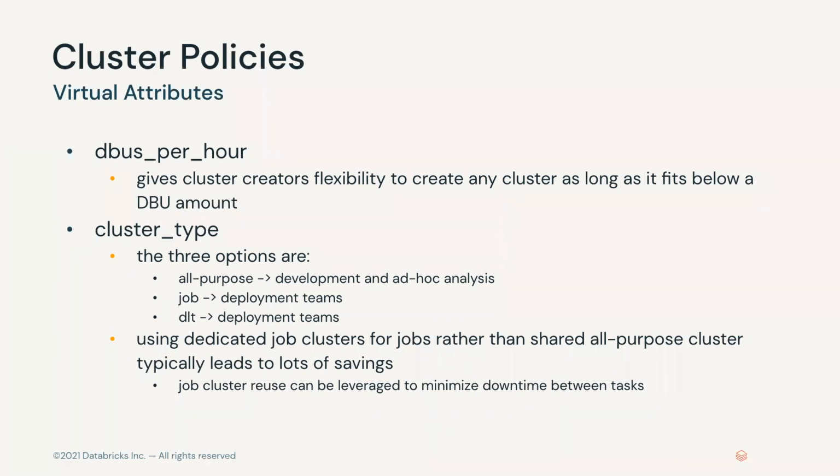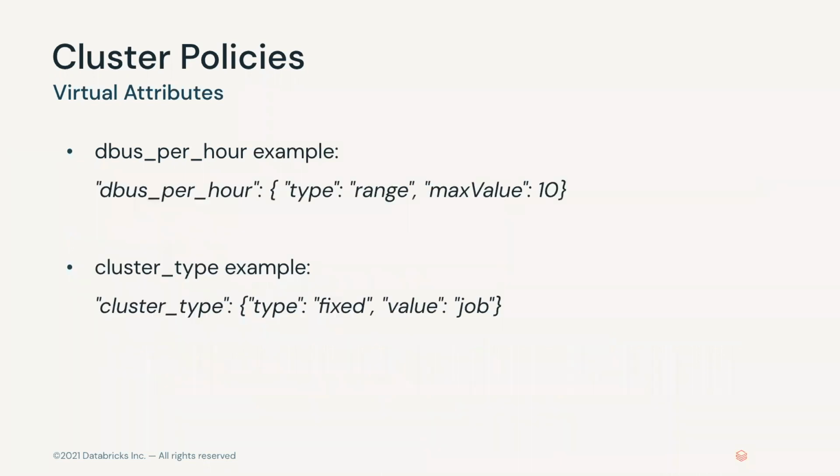And we also have a capability so that you don't even have to use a different job cluster each time for each job. You could literally be leveraging the same job cluster for your multiple jobs. So if you're ever giving out these cluster policies and you know that someone is running a job, you should be really pushing them towards using a job cluster, not an all-purpose cluster. And you can do that obviously with policies.